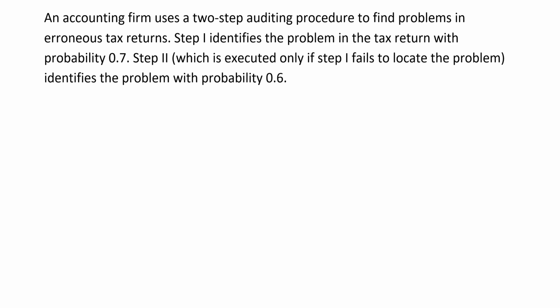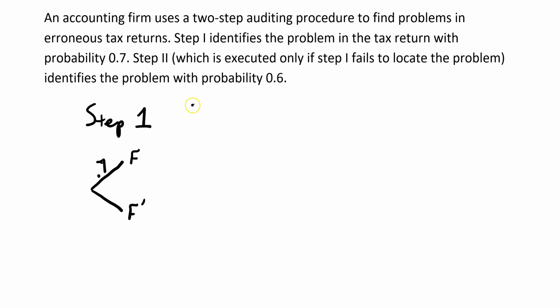So we know step 1 has to occur first. And step 1 has the results of either finding the problem or not finding the problem. And it finds the problem 0.7 or 70% of the time.